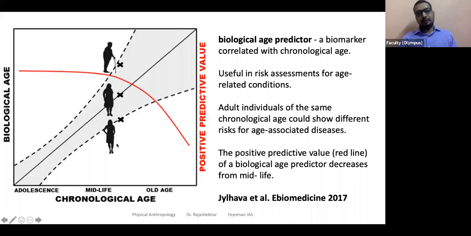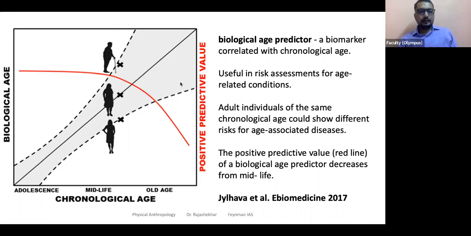You're supposed to be in your 40s, you're supposed to look like this, but you may look younger or you may look older. So biological age may or may not match the chronological age, as this graph is indicating. There can be three scenarios: an optimal scenario, a better scenario, and a more inferior or weaker scenario. All three of these things are possible.